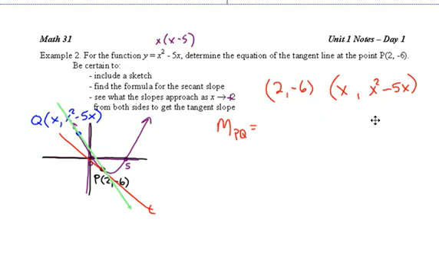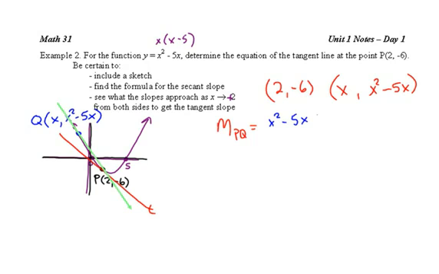Okay. So our equation, y2 minus y1, what is it going to become? You kind of want to have this guy first, right? So it factors nicely. So x squared minus 5x minus a negative 6 becomes plus 6, over x minus 2.